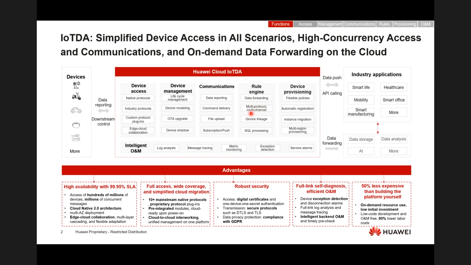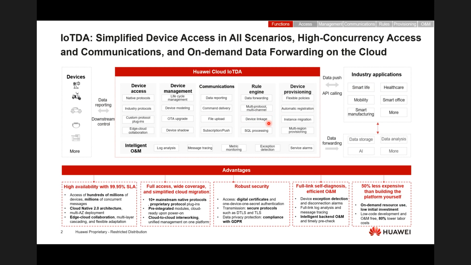And multiple protocols and multiple channels means maybe you are using different protocols to connect to the IoTDA, and also the data can be pushed to other services on Huawei Cloud, maybe your own applications, maybe your HTTP, HTTPS URL, things like that. So that means multiple channels, multiple protocols. Different protocols connect to the IoTDA, and this data can be pushed to different destinations at the same time.